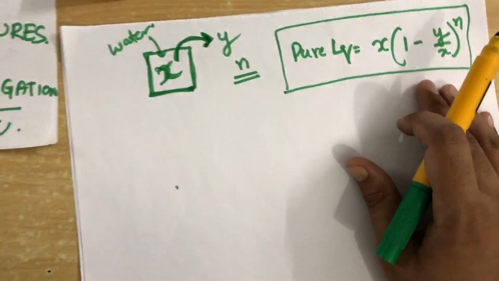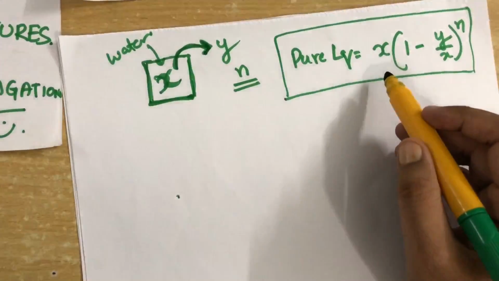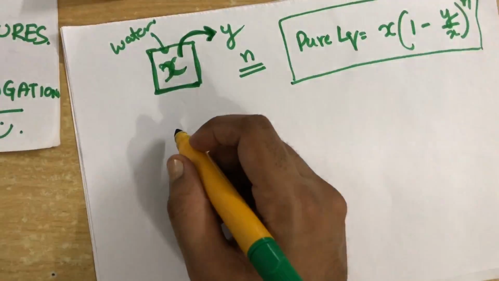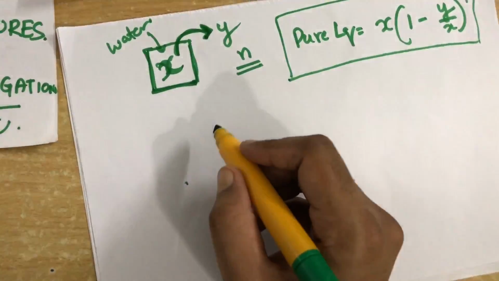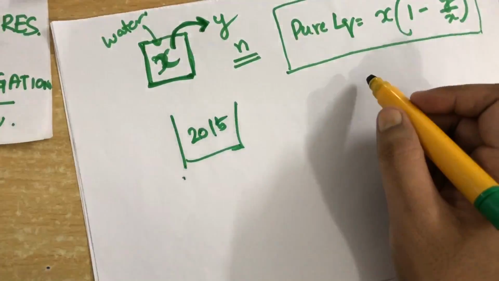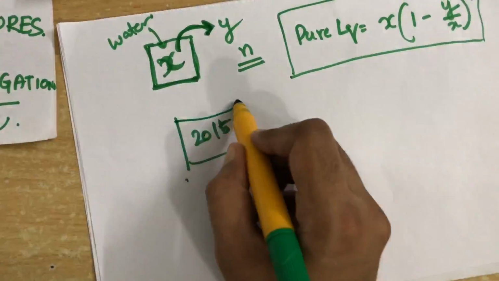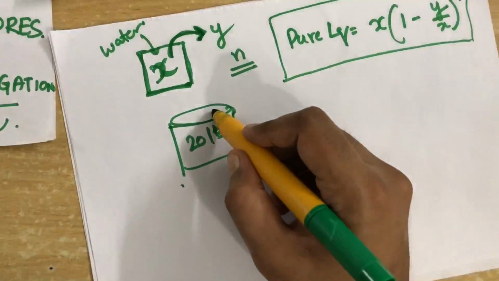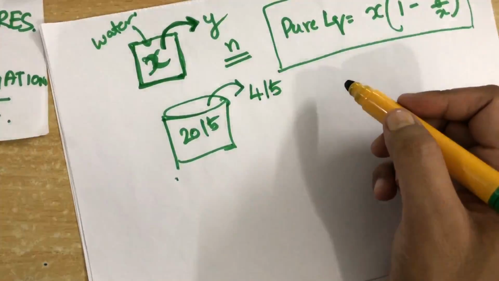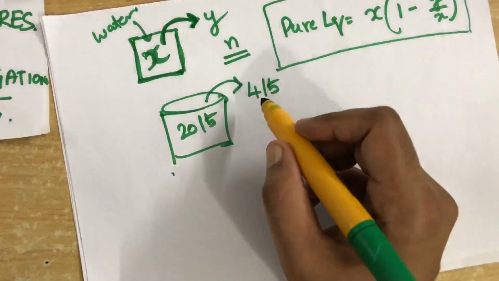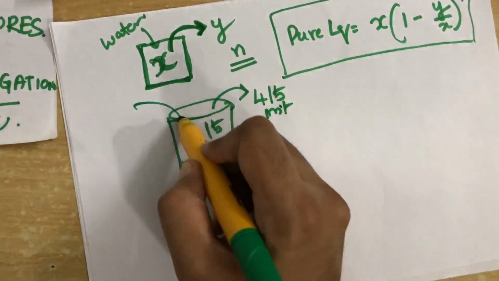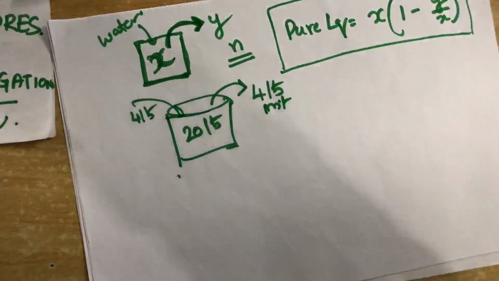So now the kind of sums that you're going to get based on this formula is: there are 20 liters of milk in a can, and the milkman has removed 4 liters of milk and replaced it with 4 liters of water.